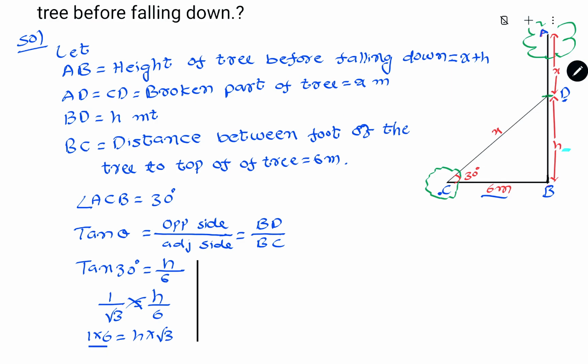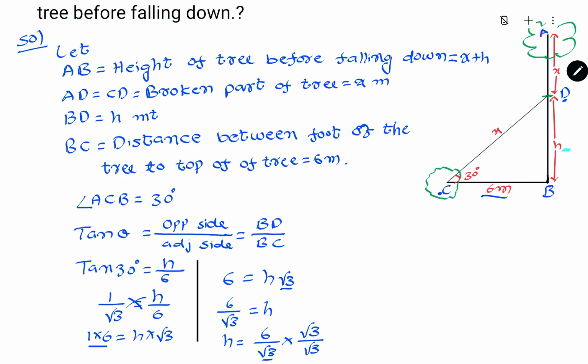1 into 6 is 6, so h into root 3 is 6. Transpose root 3 from RHS to LHS, where root 3 will divide. So h is equal to 6 by root 3. Here root 3 is the denominator, so we rationalize the denominator. We multiply and divide with root 3.